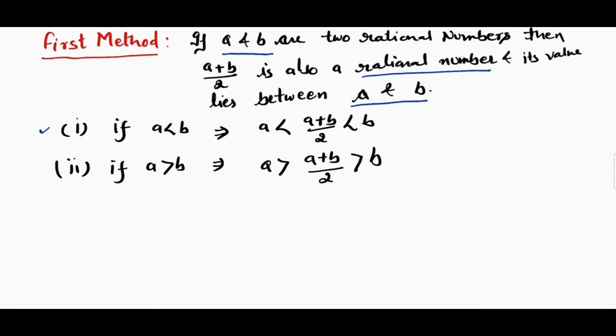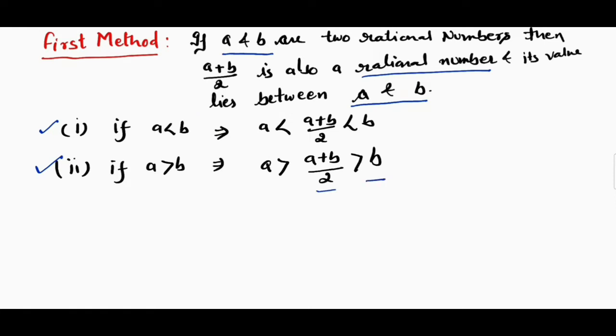So here we have two conditions. First is if a is less than b, then a will be less than a plus b divided by 2, and this a plus b divided by 2 is less than b. And second condition here we have if a is greater than b, then a will be greater than a plus b divided by 2 and a plus b divided by 2 will be greater than b.